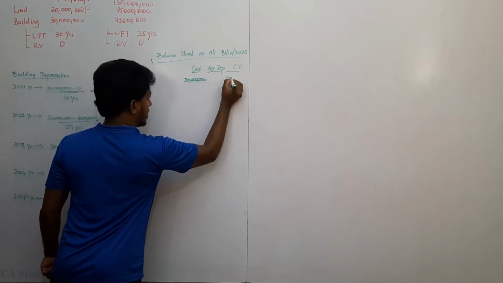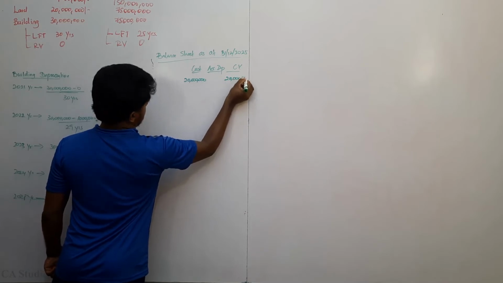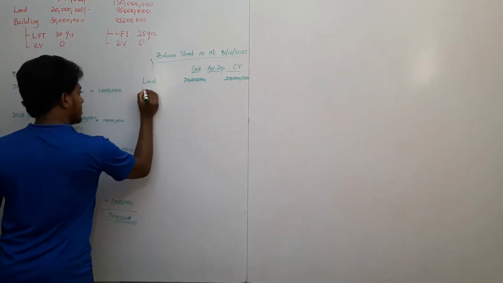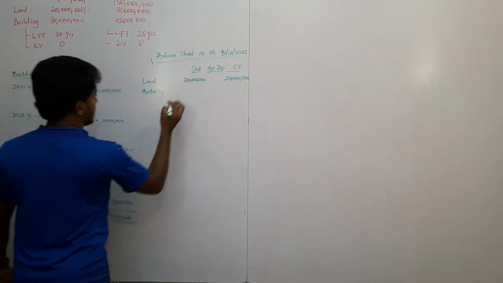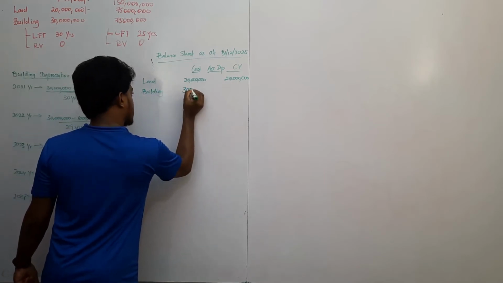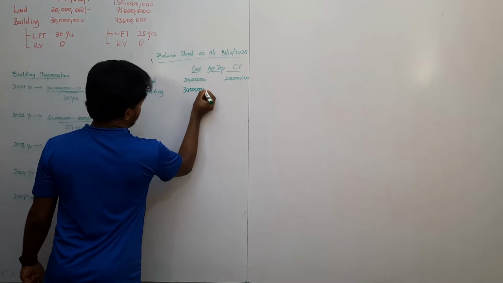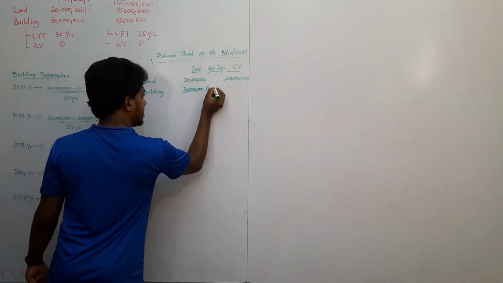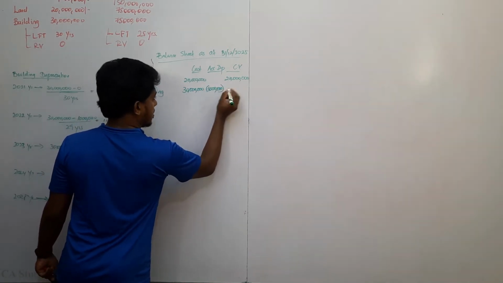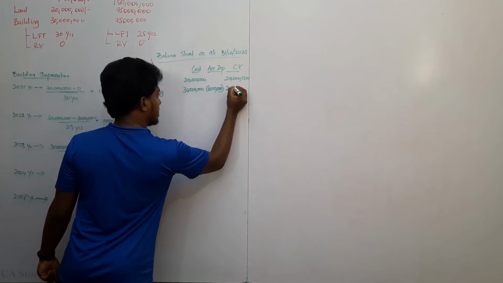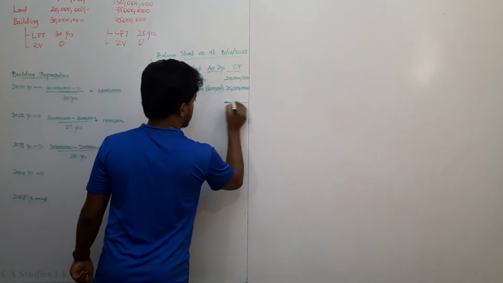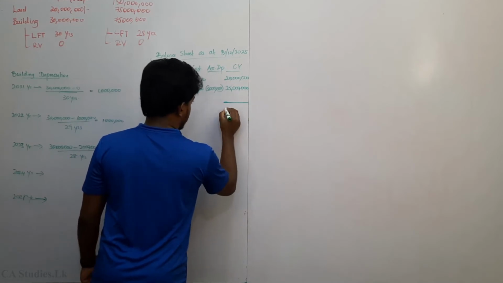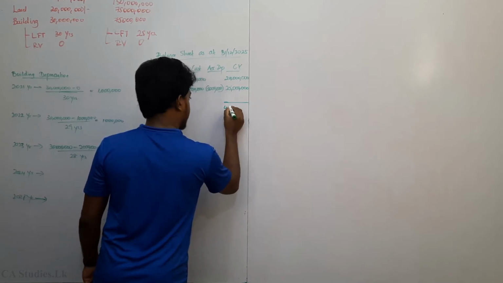Land carrying value is 20 million. Building cost is 30 million. Building accumulated depreciation is 5 million. Building carrying value is 25 million. So the non-current asset balance on 31st December 2025 is 45 million.